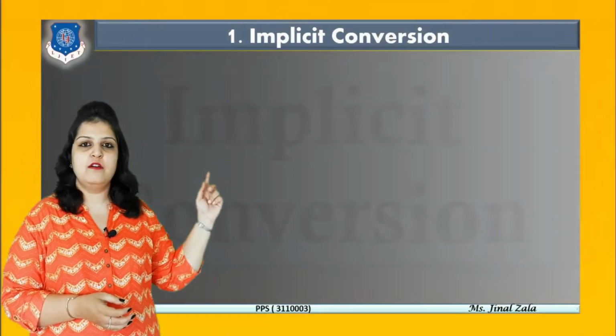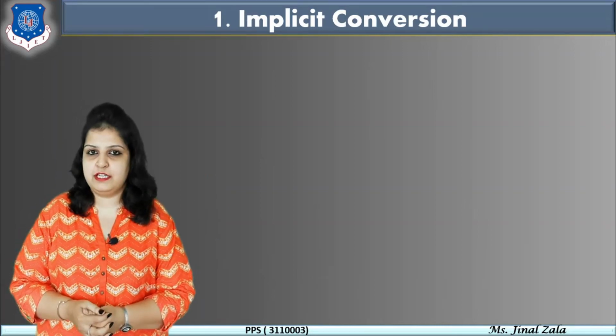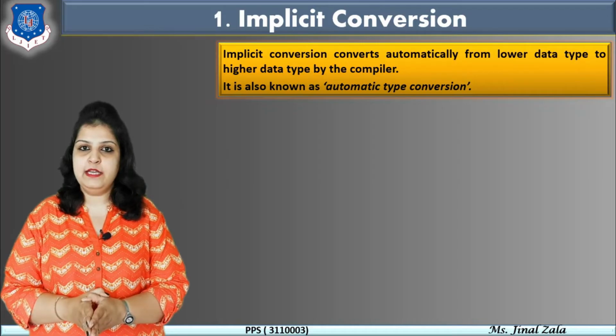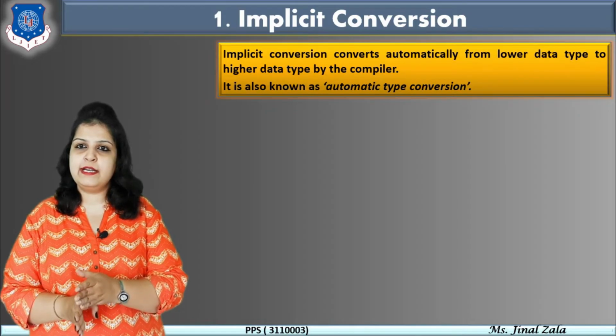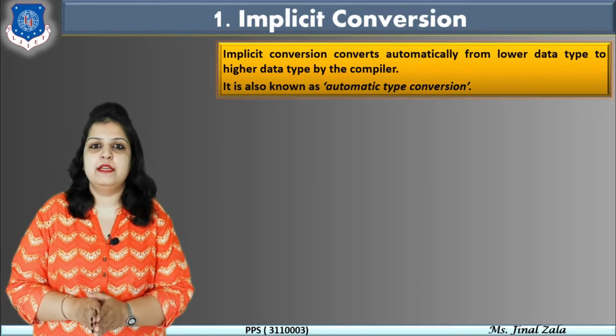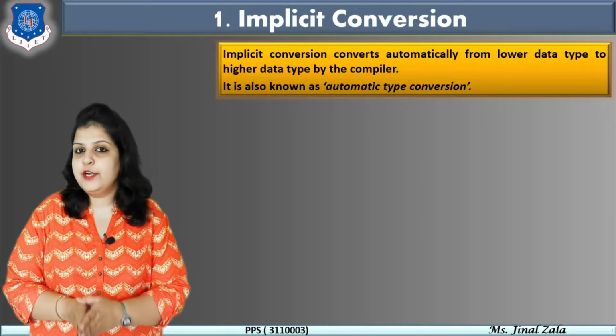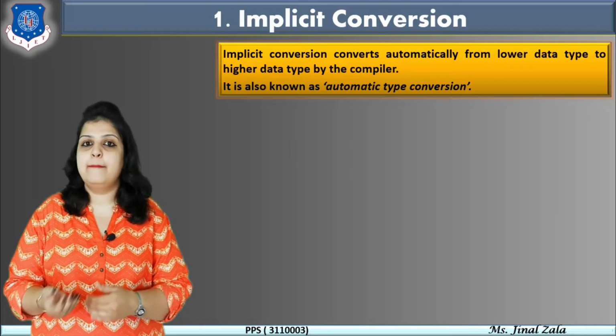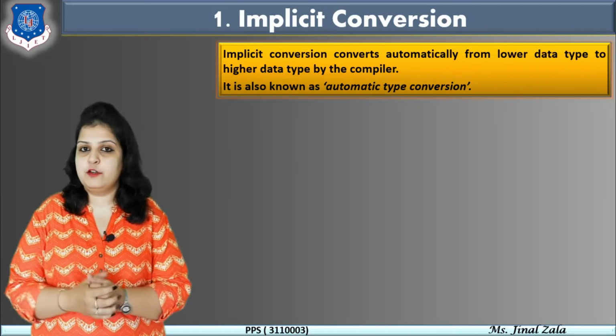So our first conversion is implicit conversion. Implicit conversion converts automatically from a lower data type to a higher data type by the compiler. What do you mean by this statement? Here the conversion is done by the compiler, automatically.